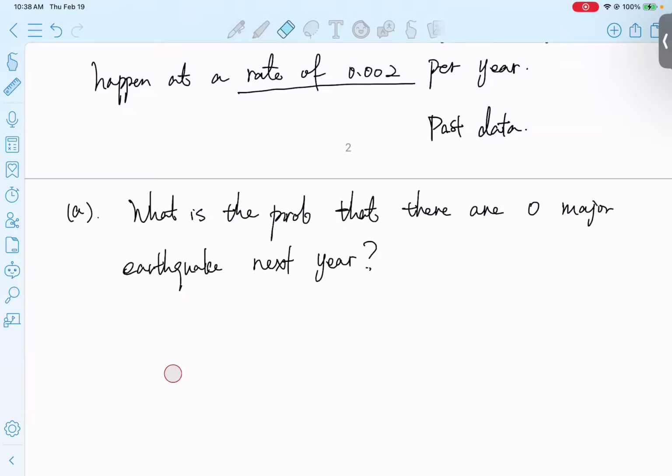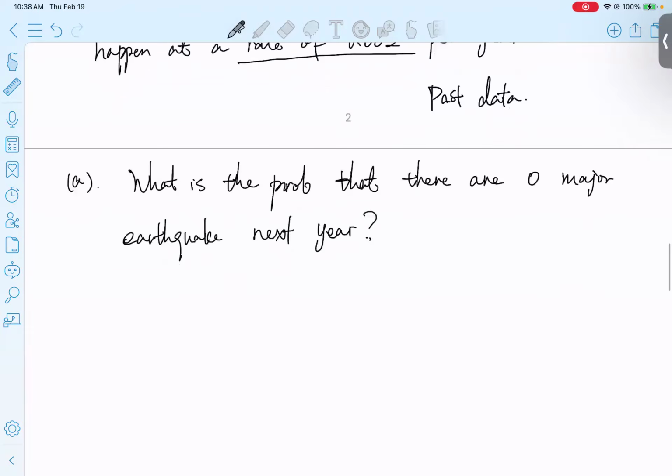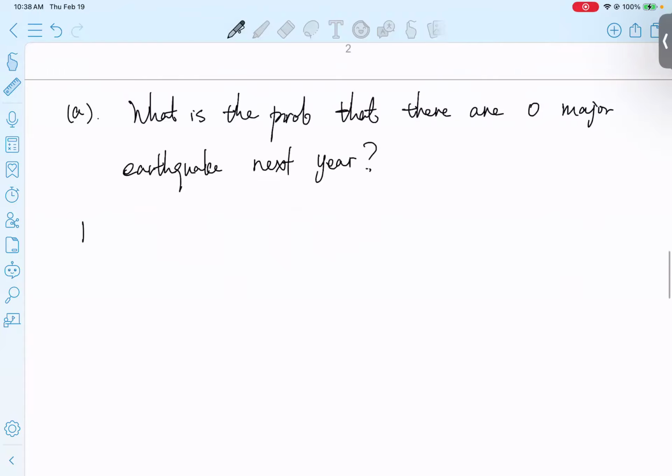And just for comparison, let me also write down the second question, and then maybe that will make the differences even clearer. So before answering part A, let me just write down part B. So what is the probability?